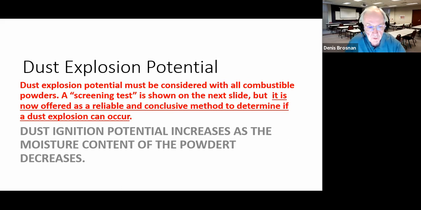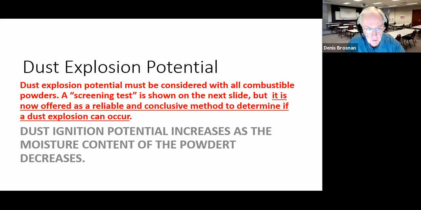So I'm going to offer a screening test. And this is simply a screening test. It's not a definitive and conclusive method to tell you whether a dust explosion can occur, but it's a quick test that you can use. Most important thing to know is that dust ignition potential increases as the moisture content of the powder decreases.